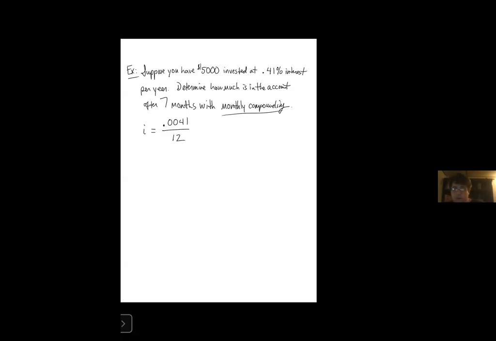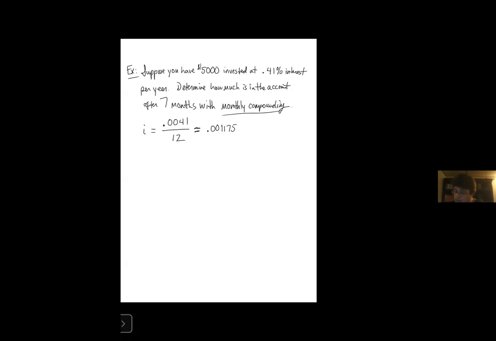I don't have a calculator on me, so I have to use my computer's calculator. 0.0041 divided by 12 is approximately 0.000341, let's just use the exact one. So right here is our interest rate per compounding period. It's an interest rate per month in this case, because those are our compounding periods.